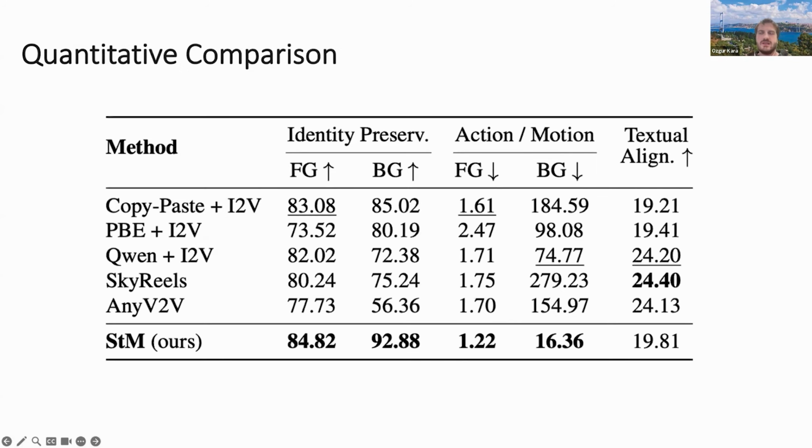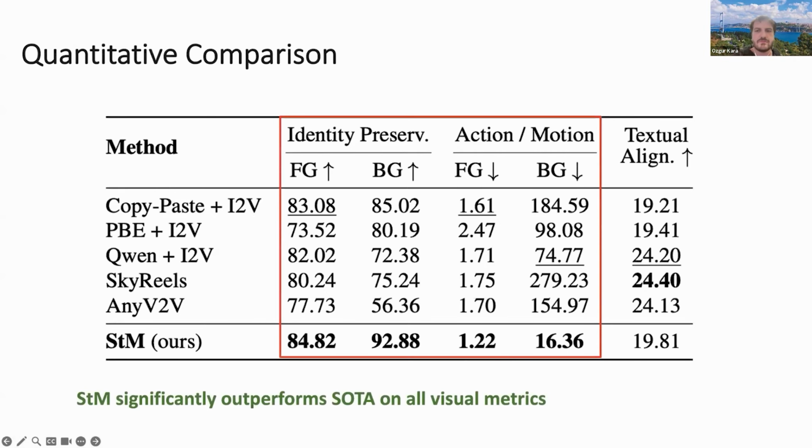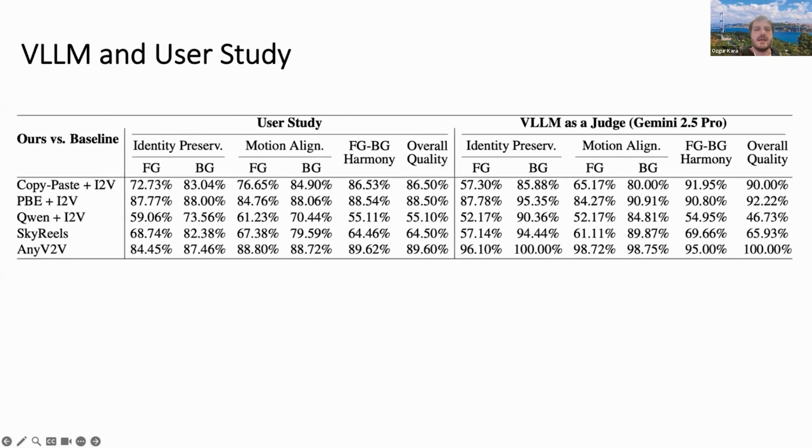So in terms of quantitative comparison, you can see in this table that our model achieves the highest scores in identity preservation and motion alignment for foreground and background. And overall, we can say that STM significantly outperforms the previous methods on virtually all metrics. And also for the user study and VLLM study, the results confirm this.